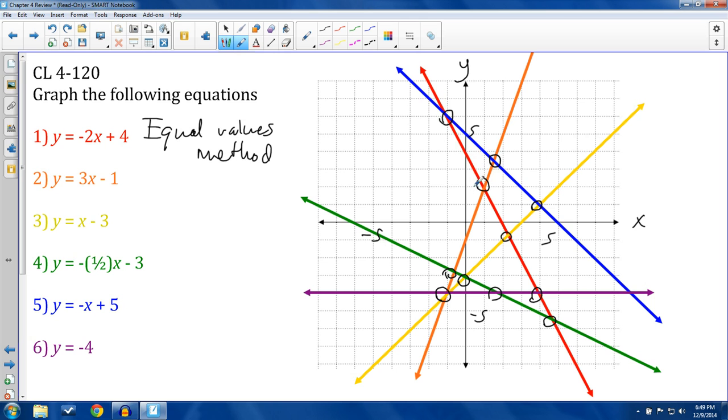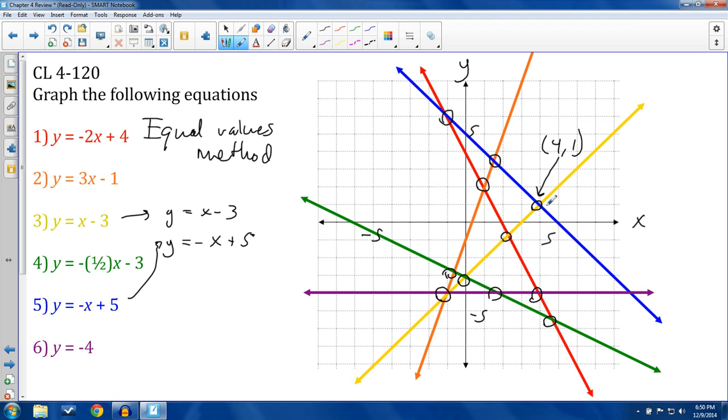For example, let's do one that we know for sure has the same xy value, like this one over here. It's not so obtrusive. This point is 1, 2, 3, 4, comma 1. The yellow and the blue equation both intersect at the point 4, 1. What that means is, if I take this yellow equation and this blue equation, I want to find the point where this system of equations have the same x value and the same y value.